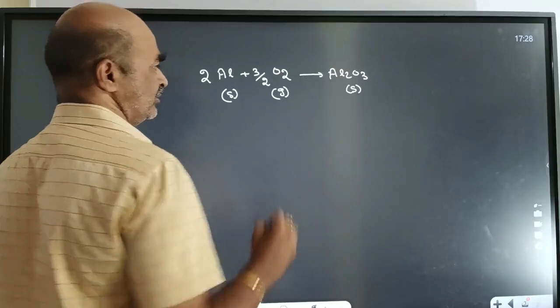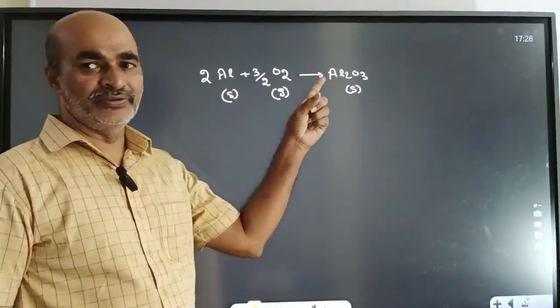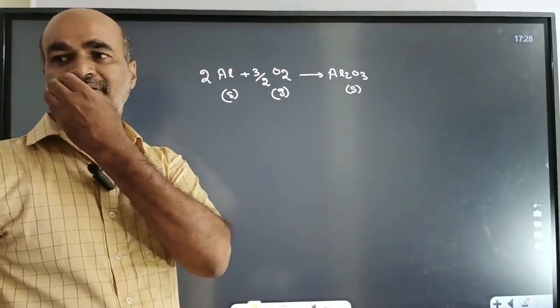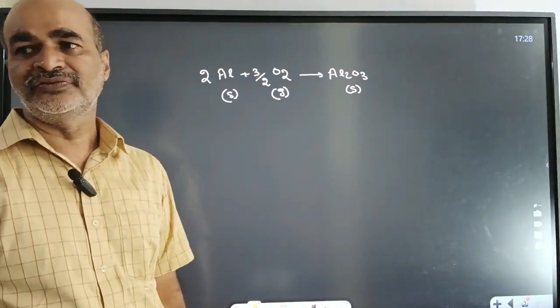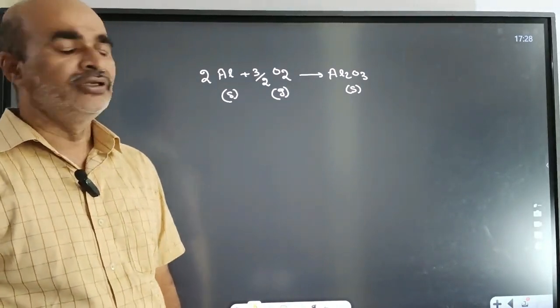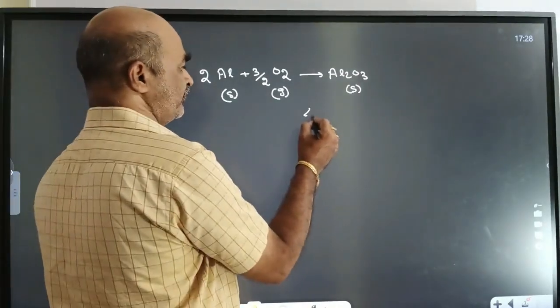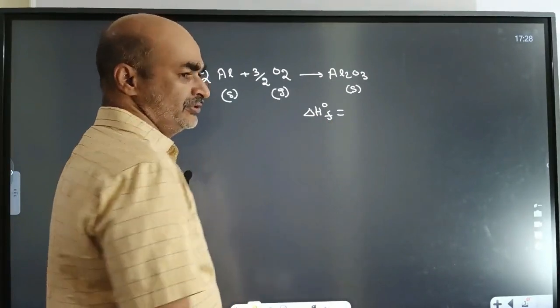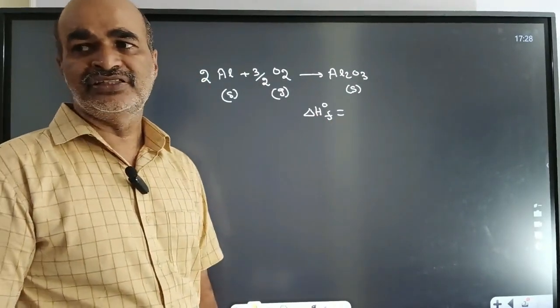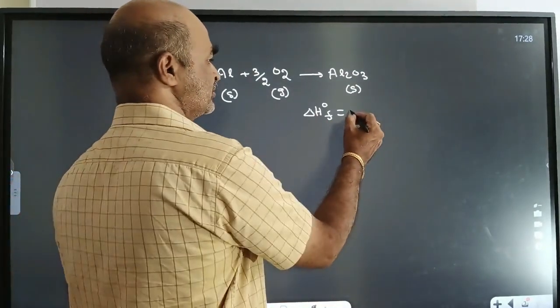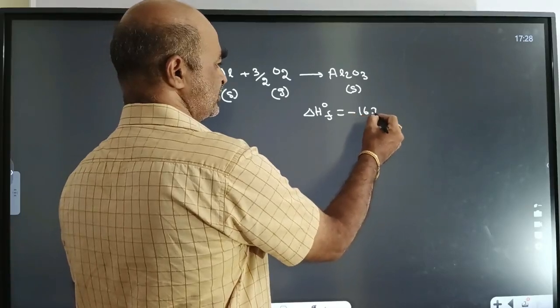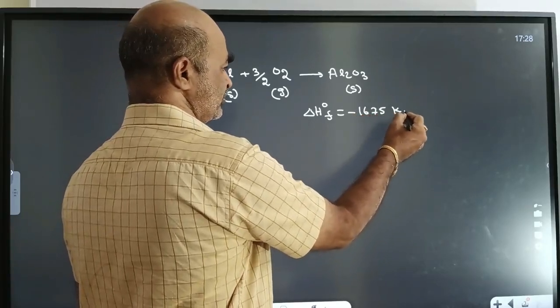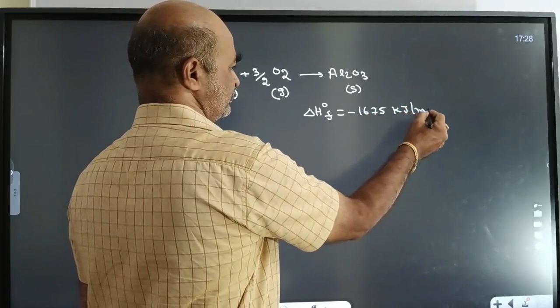This equation represents the standard enthalpy of formation of Al2O3. The standard enthalpy of formation in this case is minus 1675 kilojoules per mole.